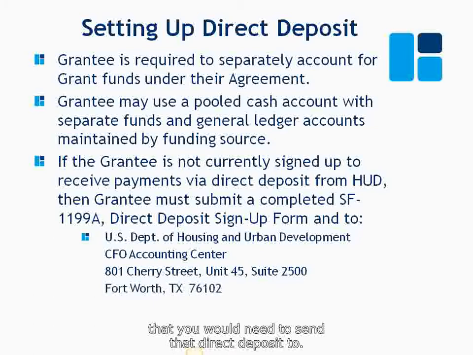Now, right now, we're not in the middle of fiscal year end, but you would want to time this appropriately so that ideally you're not trying to get a direct deposit processed and rushed through in the month of October, particularly because fiscal year accounting requires that the Fort Worth accounting office actually shuts down for a couple of weeks and does year end.